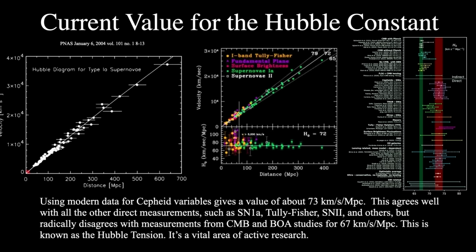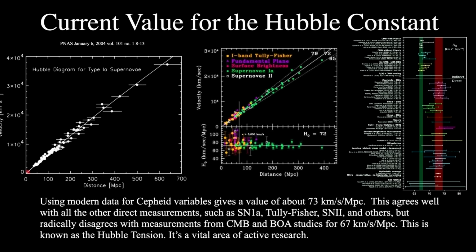But it really disagrees, quite importantly, with the cosmic microwave background and baryon acoustic oscillation studies, which show that it's roughly 67 kilometers per second per megaparsec. And these are two well-established ways of measuring this expansion rate, and they're in direct conflict. This is known as the Hubble tension.